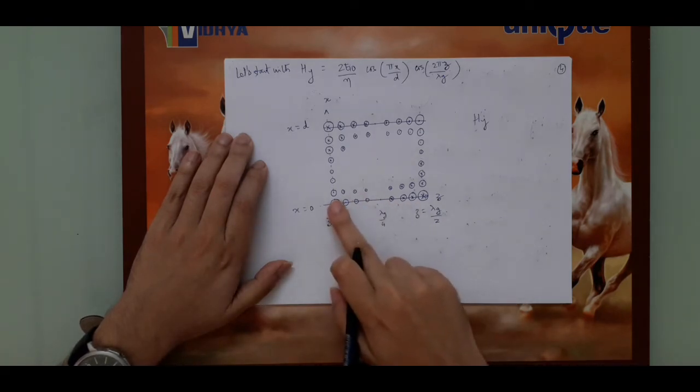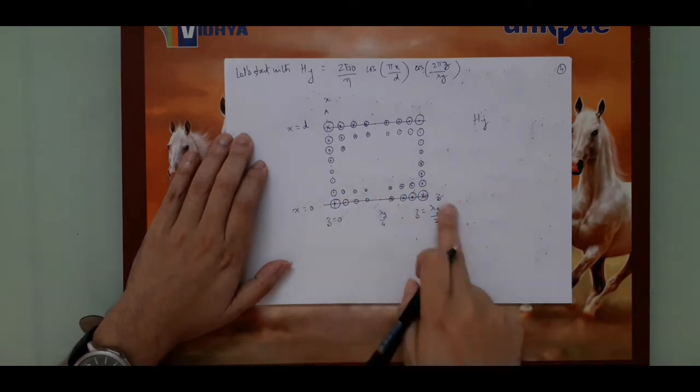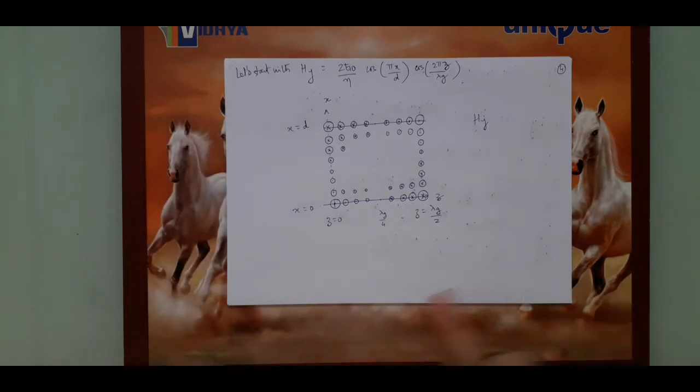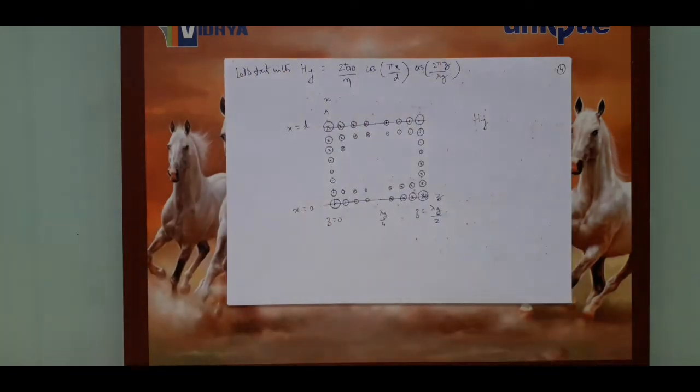And if you assume that this positive maxima and negative maxima are equivalent, then they are spaced at a distance of lambda by 2, where lambda is the lambda of the wave that is being guided. So once again, we are seeing that this parallel plate waveguide using two conductors can be used to mimic the behavior of a transmission line.